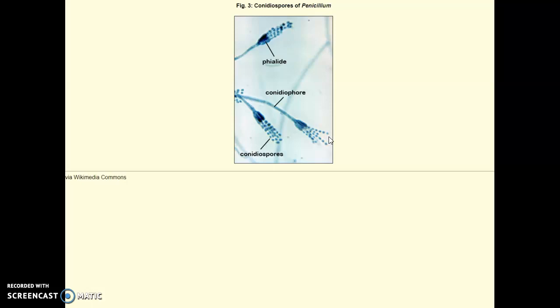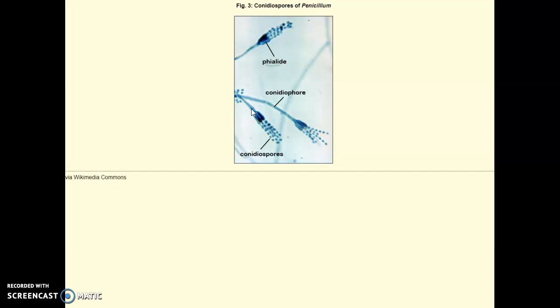So what we're seeing here with these conidiospores of Penicillium is that these structures would exist on the end of the aerial hyphae. So they'd be kind of sticking up in the air to be able to be distributed wherever.